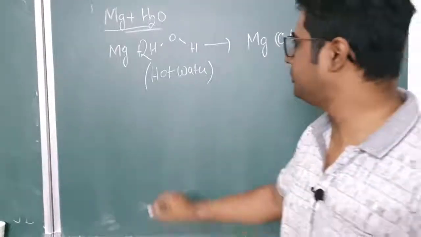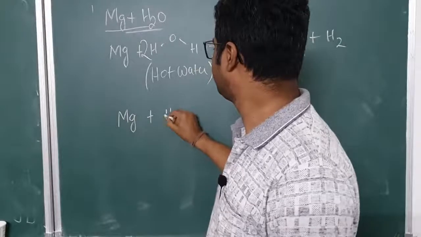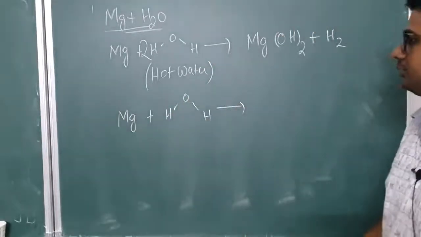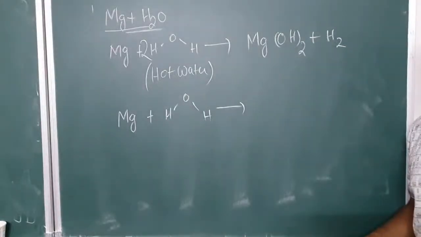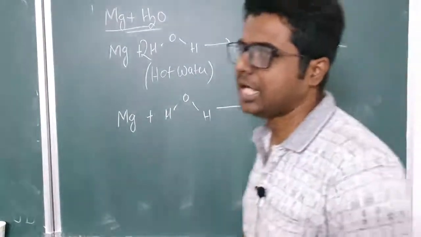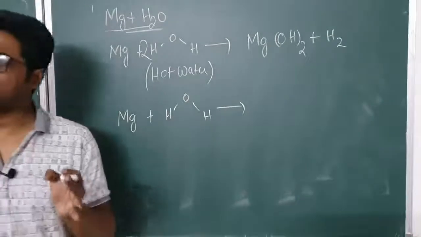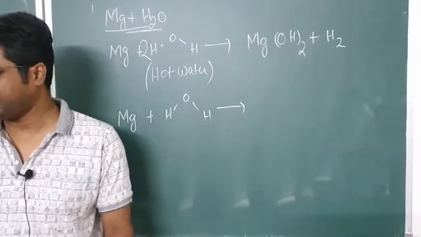Magnesium also reacts with steam. What will be the product? See, when we are talking about steam, this H plus OH minus does not arise, because in reaction with steam, ionic reaction does not happen. The formation of ions only happens in water, in liquid state.